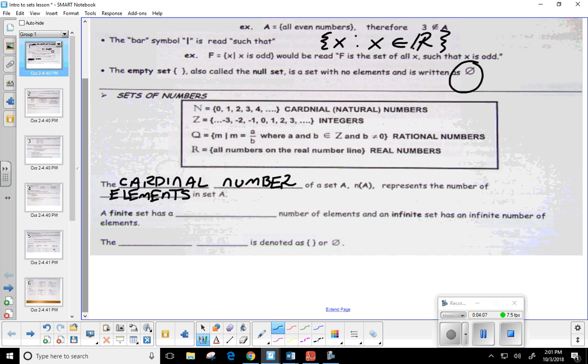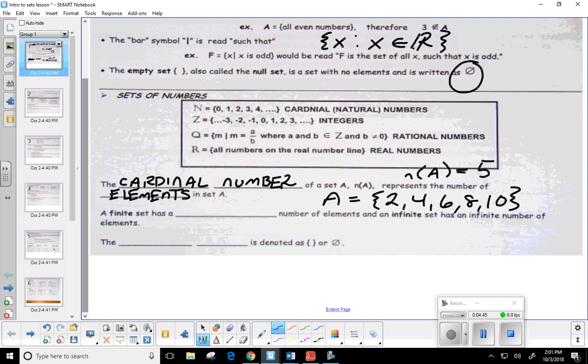So for example, if I had set A made up of, let's say, even numbers to 10: 2, 4, 6, 8, 10. If I see this notation, n of A, what would that equal? 5. So when you see that n, that refers to the exact number of elements, items in that set. I have 1, 2, 3, 4, 5, so that's what that refers to. The number of items in that set.